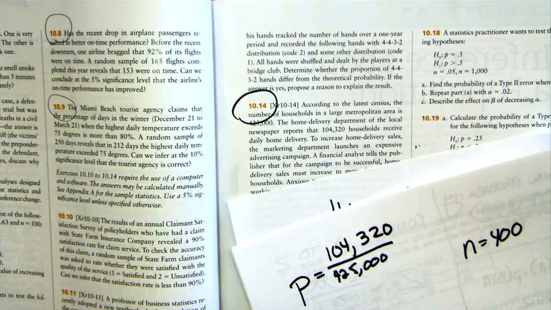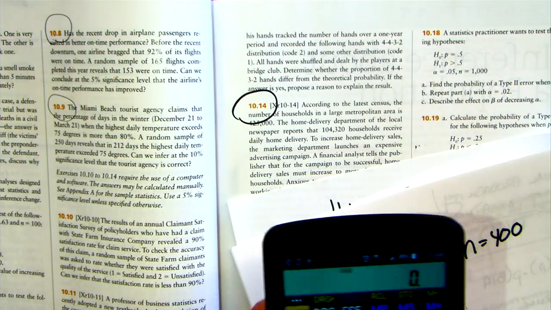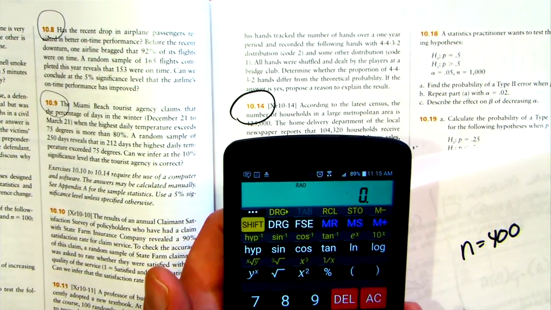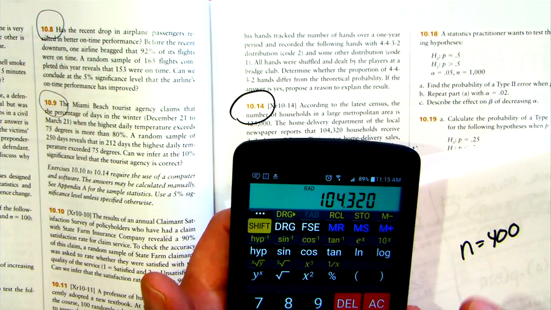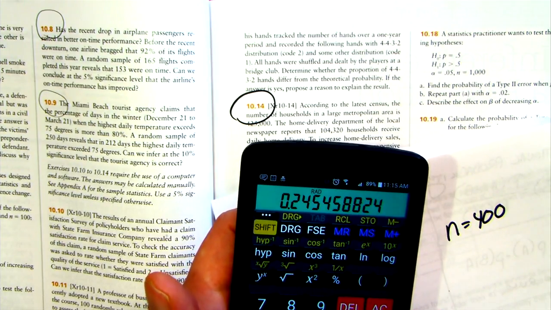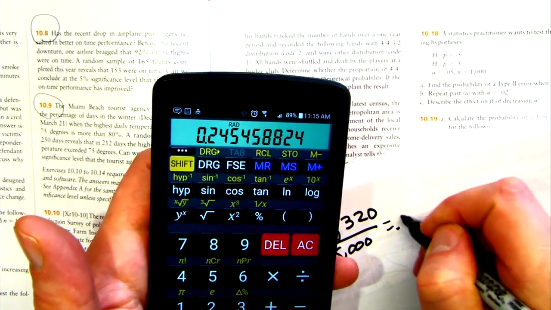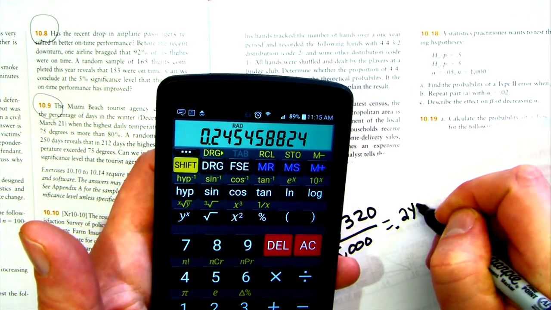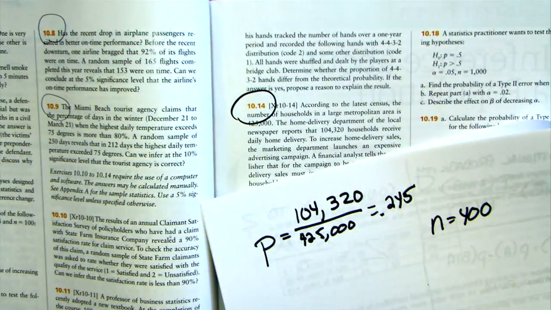Market share is usually expressed as a percentage. So 104,320 divided by 425,000. We are currently at 24.5%, we'll say.